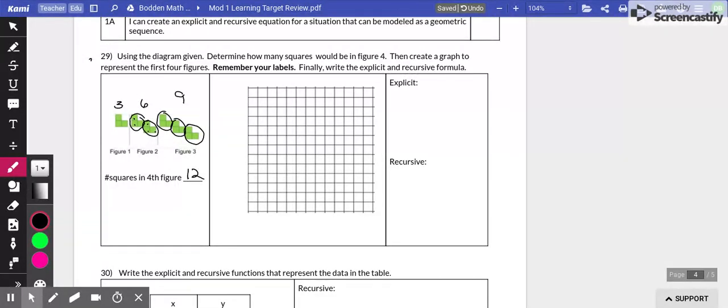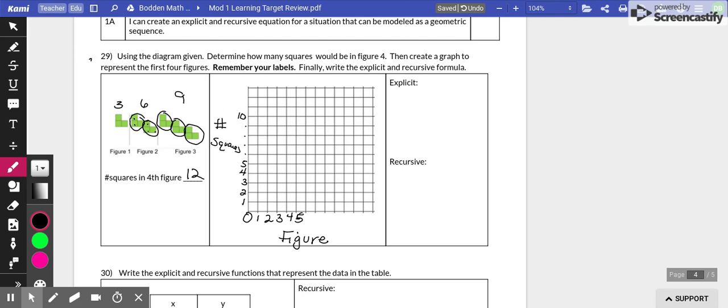Okay, so if I wanted to put this in a table, I would have my figure here, and then the number of squares. We always want to think about scale, so I'm going to start at 0. Now these numbers are relatively small, so I think I am safe just going by ones: 1, 2, 3, 4, 5, 6, 7, 8, 9, 10, and so on.